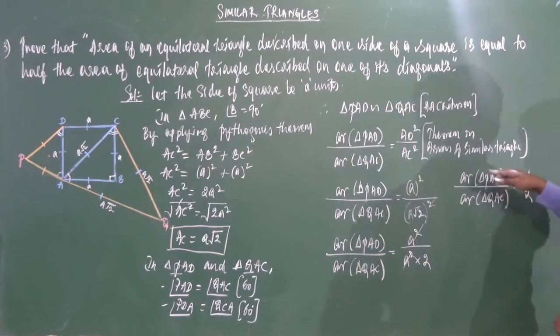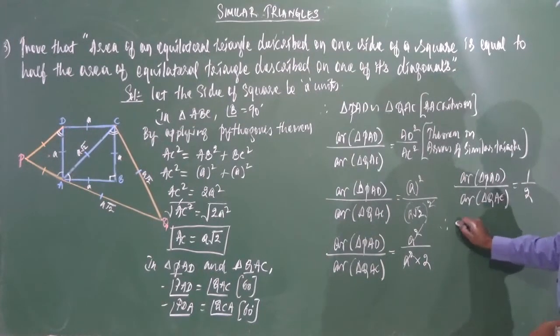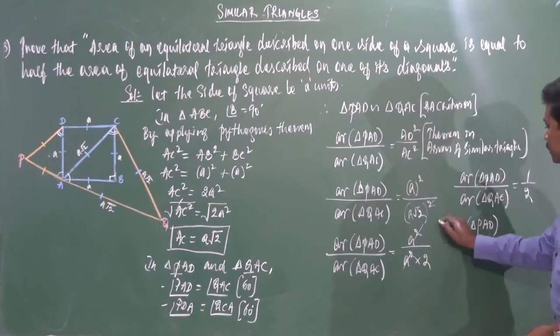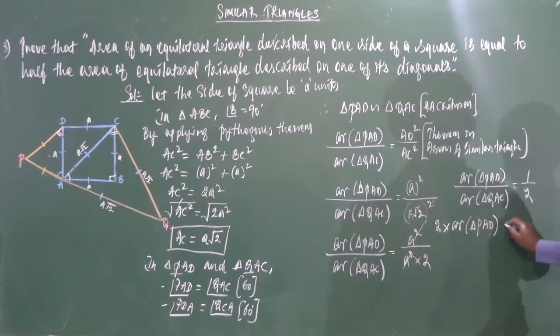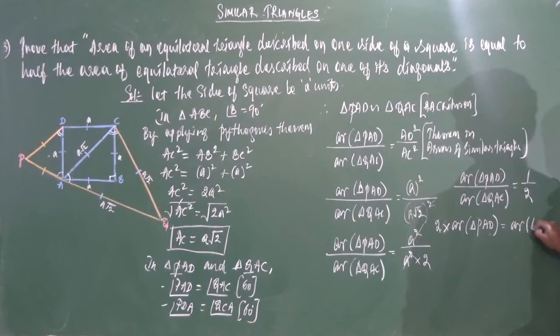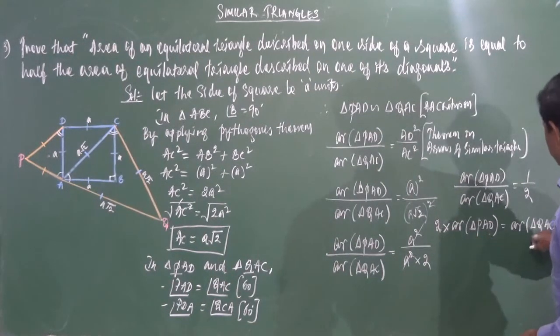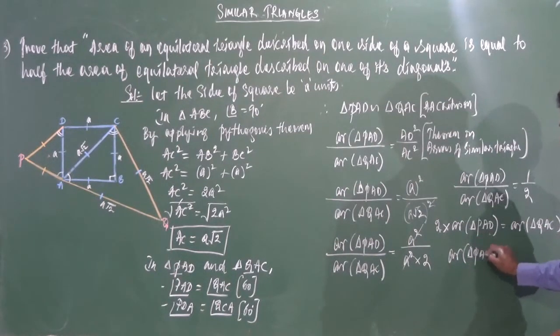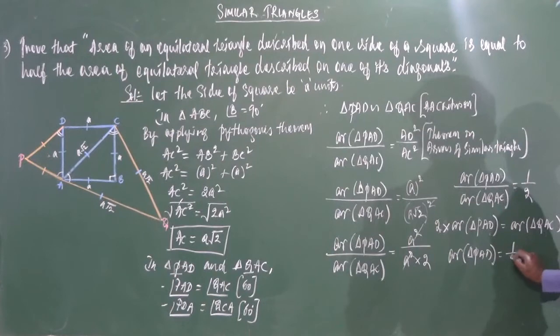So when you go for cross multiplication, therefore 2 into area of triangle PAD is equal to area of triangle QAC. So when you put 2 to the denominator, area of triangle PAD is half into area of triangle QAC.